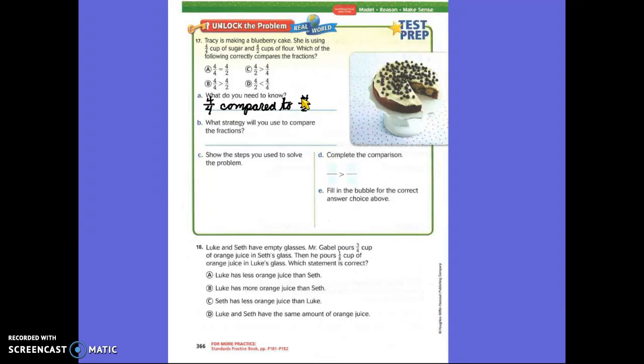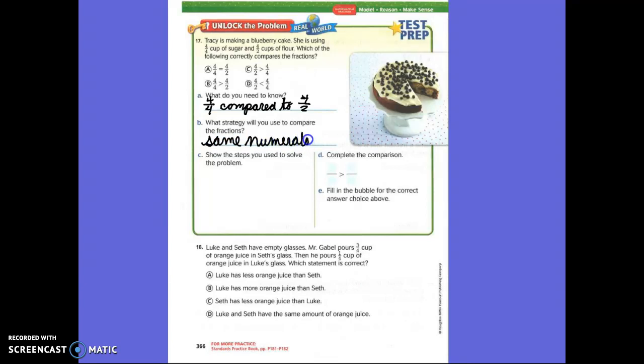We're doing 4/4 compared to 4/2. What strategy are we going to use? Look at those fractions. What strategy are we going to use? Edmund, what strategy are we going to use for this? Same numerator? You guys agree? Yes. Okay, same numerator strategy.